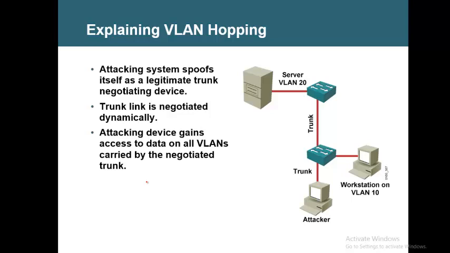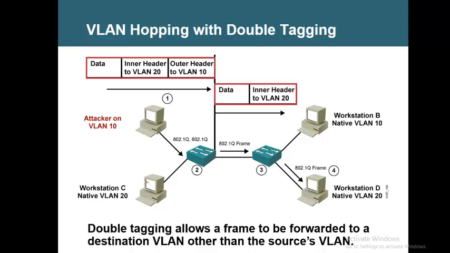Only when the attacker gets the trunk negotiation successful can he see the VLANs that you have and jump between them. So make sure the attacker never forms a trunk via unused ports. This is one way of hopping between VLANs.